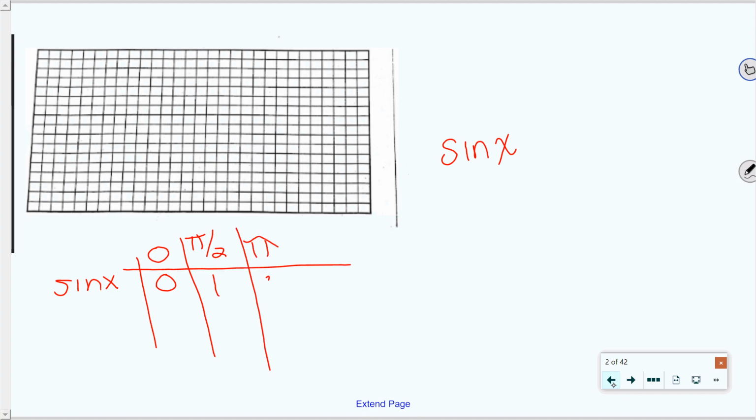At pi, it's 0. At 3 pi over 2, it's -1. And 2 pi brings me back to the beginning, so 2 pi is also 0. These are the 5 key points of a sine graph.